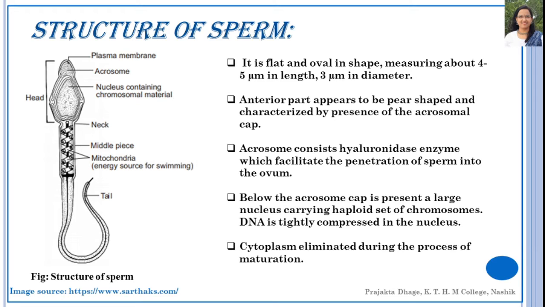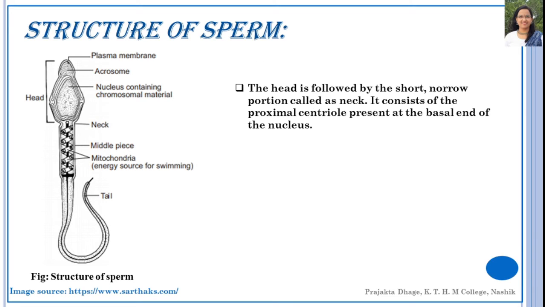Now let's move on to the next part of the sperm, which is the neck. The neck portion is a very short region, and it is going to contain the centriole, which will be present exactly at the base of the nucleus.